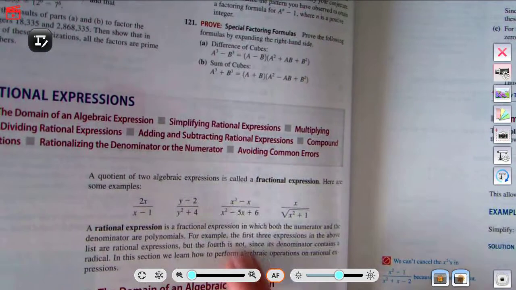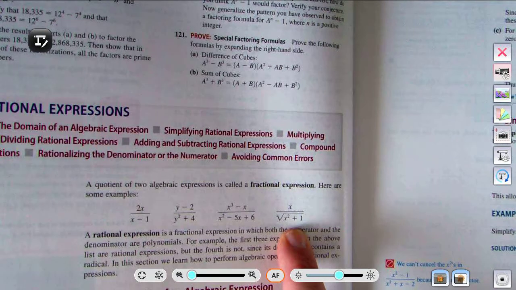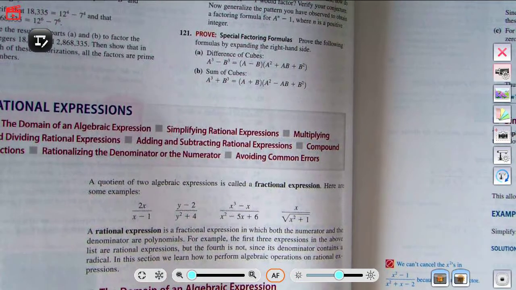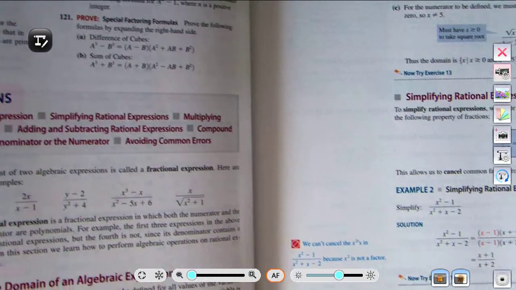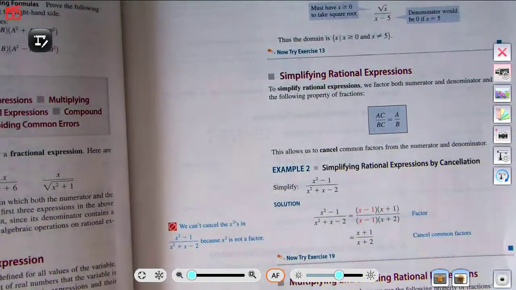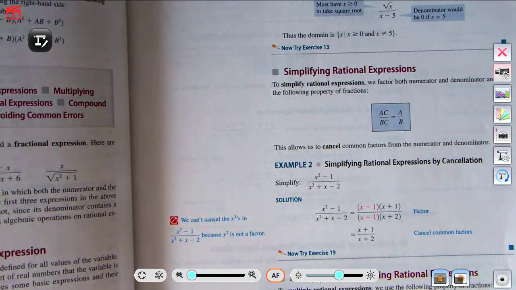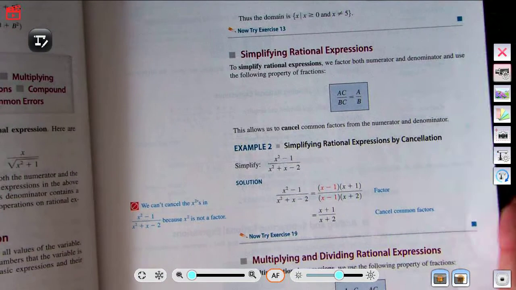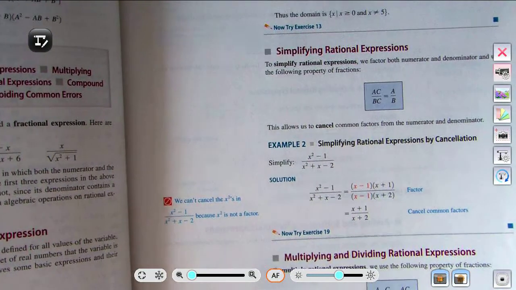We have uglier ones when we have square roots in the bottom, so be careful with some of those. We will be looking at how to simplify, how to add, how to subtract, how to multiply, and how to divide. I will go through some specific examples in my Section 7 video, but I wanted to remind you that this section you may want to spend some time on.